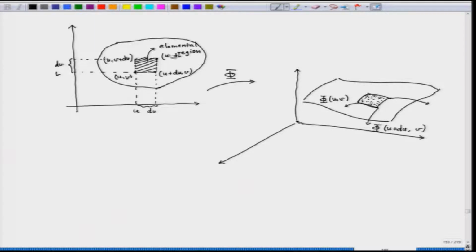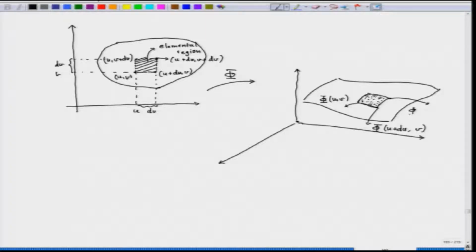This point, this end point, which I just labeled the elemental region, is actually (u plus du, v plus dv). Carefully look at this; you should stop the video and carefully look at the picture. Here this point is phi of (u plus du, v plus dv), and this point corresponds to phi of (u, v plus dv).